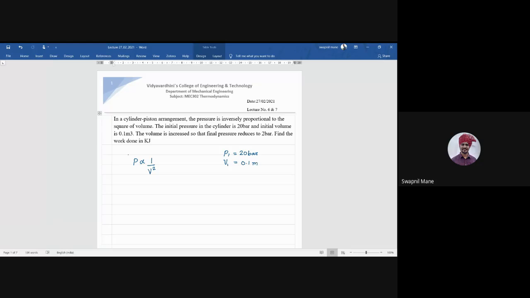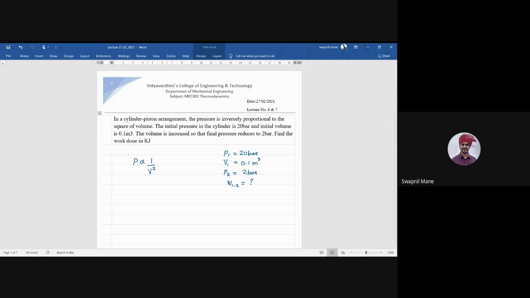Volume is increased so that final pressure reduces to 2 bar. P2 is 2 bar. Find the work done in kilojoule. W from 1 to 2 is equal to question mark.